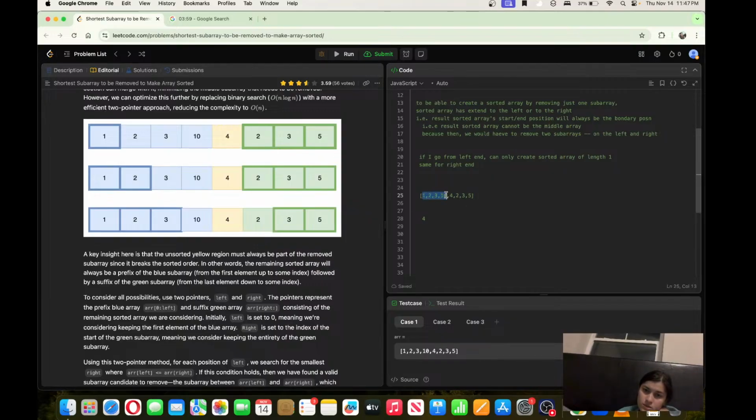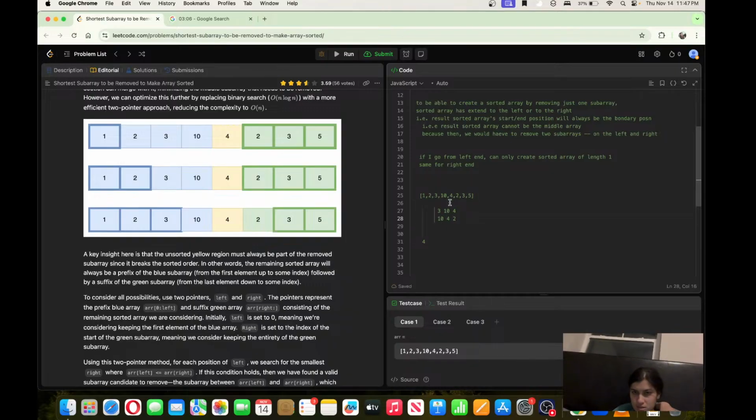So it will be 1 2 3 10 and 2 3 5, right? So it means the part that should be deleted will always be, say, 10 4 or 10 4 2.